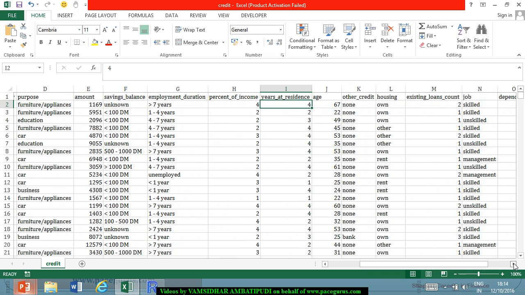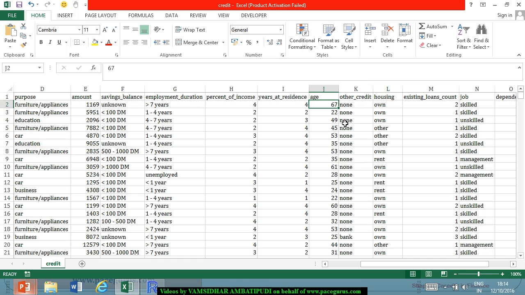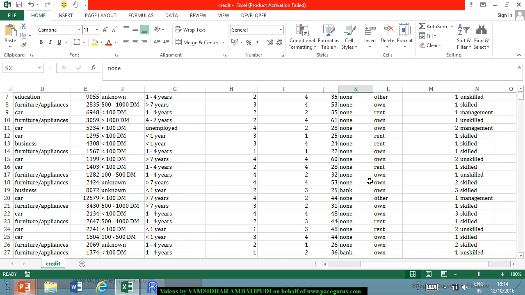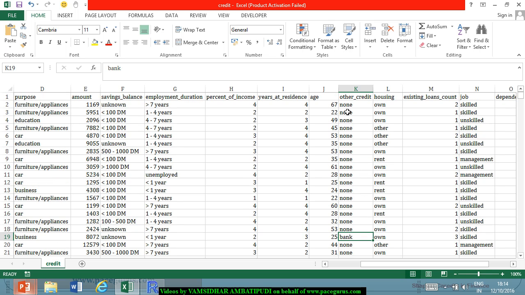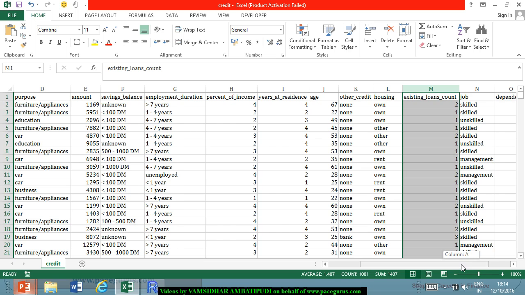The age of the person. Other credits, such as bank or none. The housing: own, other, rent. Existing loans: 1, 2, 3.